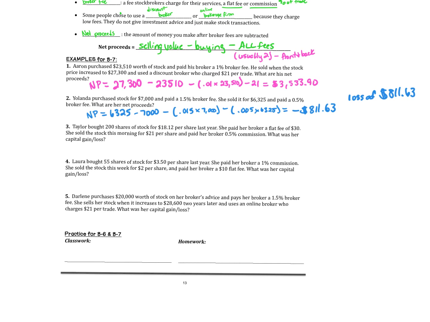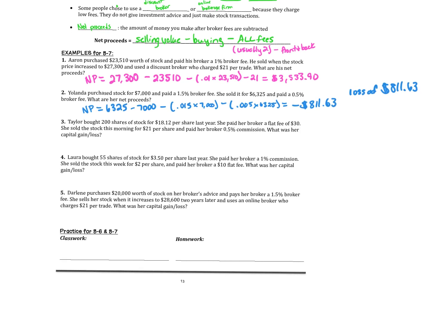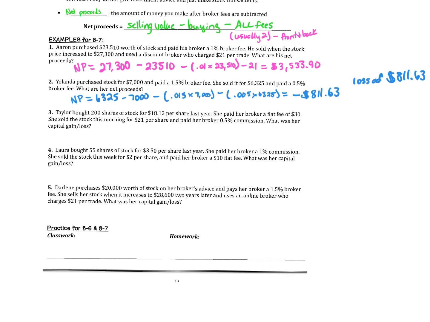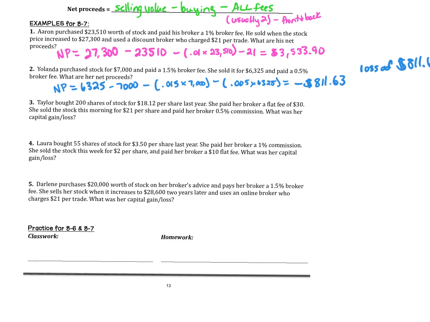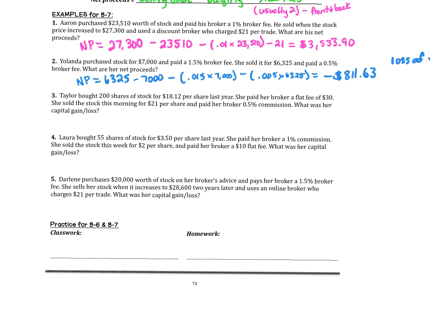All right. Okay. Be careful on these last ones. This is saying what was her capital gain or loss. It's not asking net proceeds, it's asking capital gain or loss.